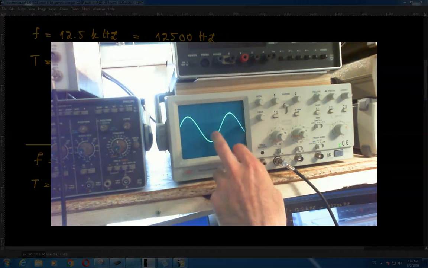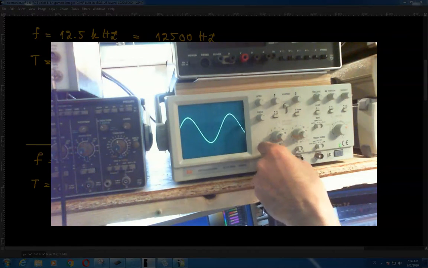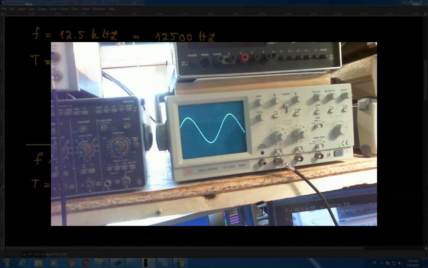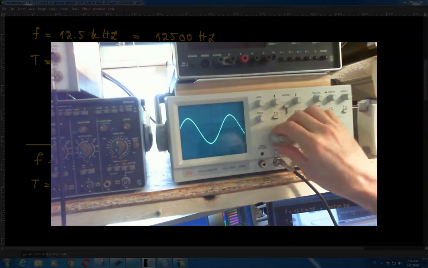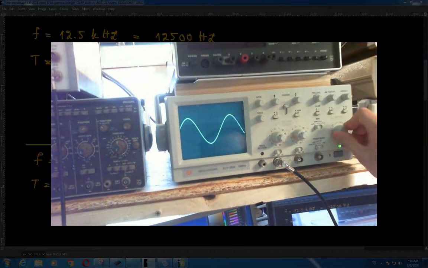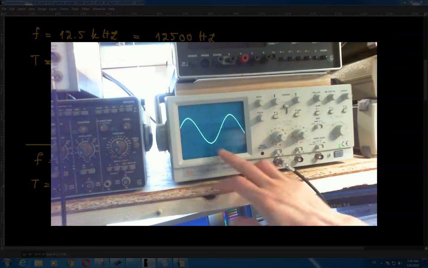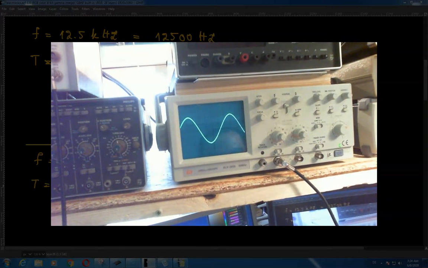That's essentially AC. Of course, you have to be on AC, and when you are on AC, your time base is functional now. For example, right now I'm on 10 microseconds, and this is my signal over here.